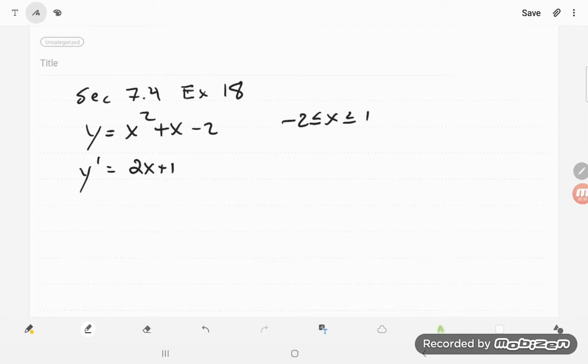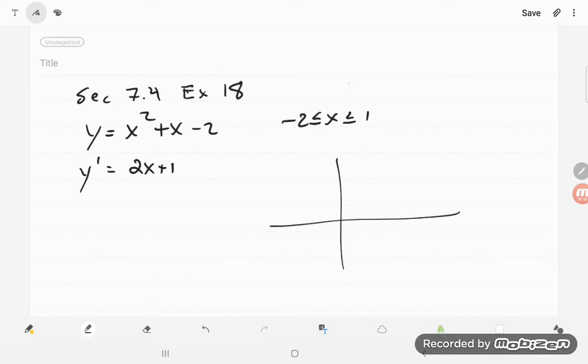So they say sketch the graph. I see it's a parabola that opens up, and if x equals 0, I'm at negative 2. If x equals 1, I see I'm at 0. So I could try factoring it.